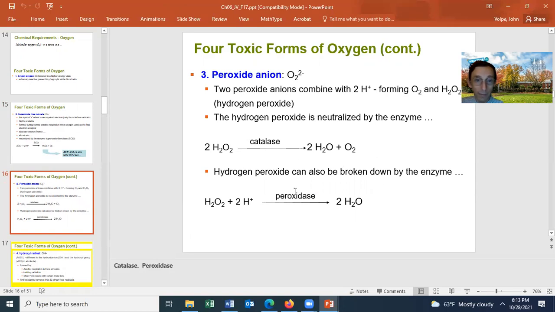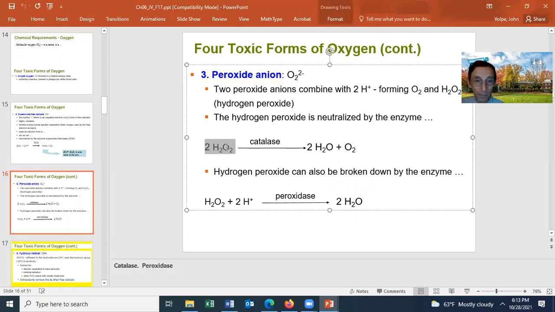by two enzymes. You can have catalase, which converts two hydrogen peroxide molecules into two water molecules and oxygen. And the cell, it could be and/or, can have the enzyme peroxidase convert one hydrogen peroxide and two hydrogen ions into two water molecules.